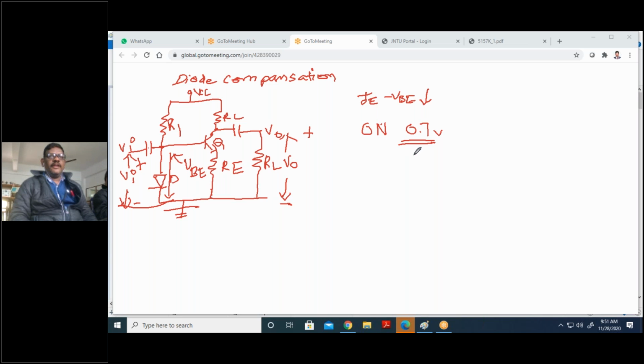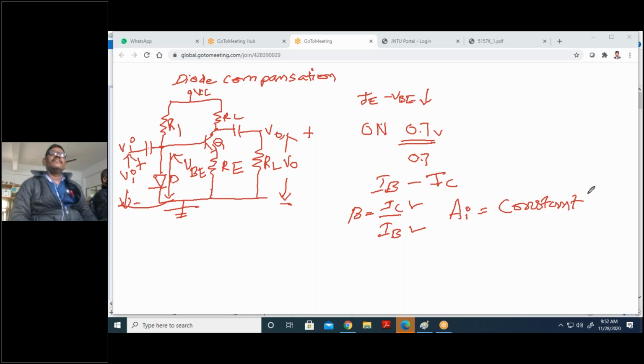So the input voltage is more than 0.7 and the input current is constant. Whenever IB is constant, IC is constant. Then beta is equal to IC by IB, so the collector current is constant, the input base current is constant, and the current gain is always constant.